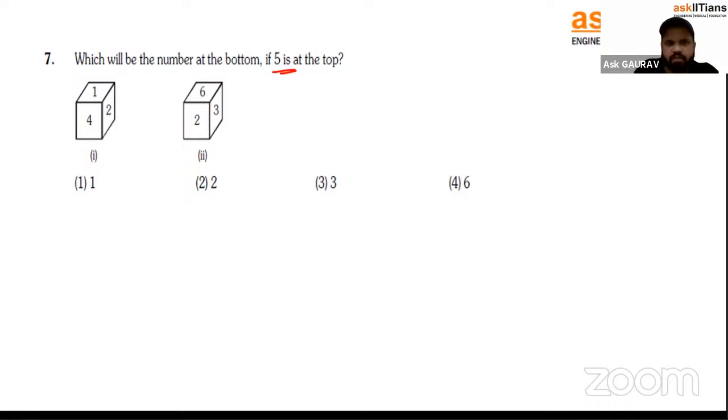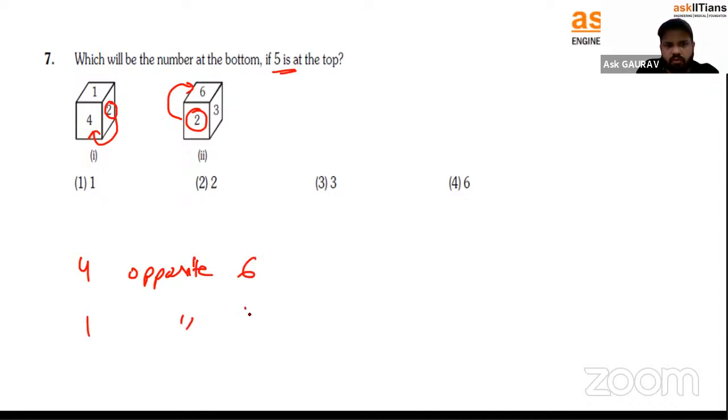Yes, reply. If 5 is at the top. Now see, if we just observe, 2 is common here. If you move clockwise, you will get 4. And if you move clockwise, it will be 6. So 4 will be opposite to 6.